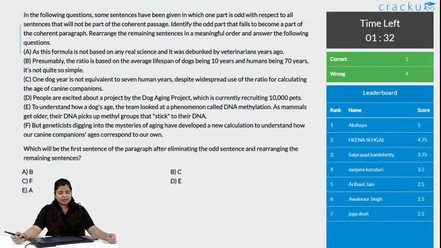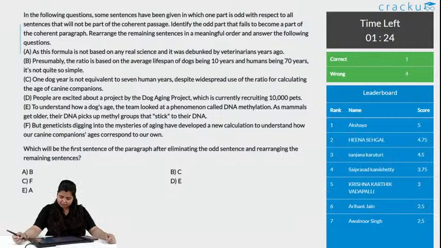One minute 30 seconds. Okay, there are 2 correct answers and 4 wrong answers. There are 3 people with the same score.